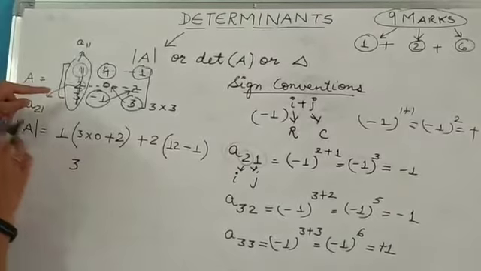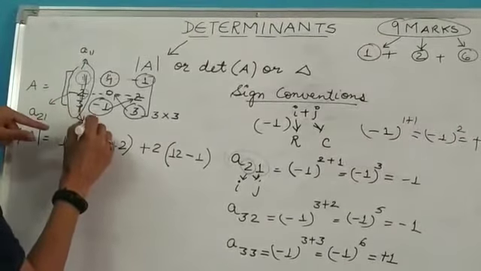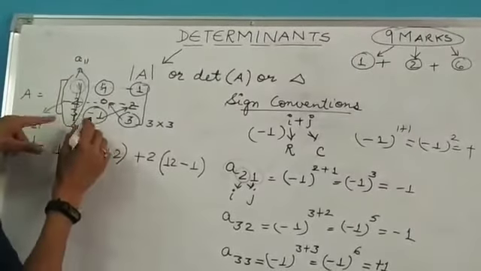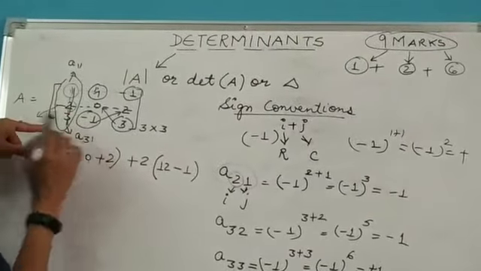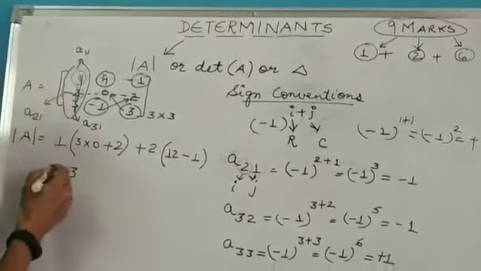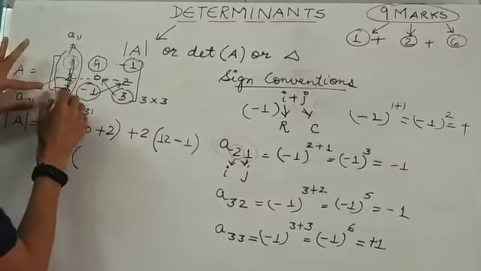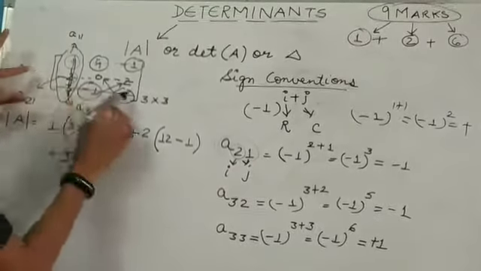Now see, what sign should this 3 have? This element is of third row and first column. So 3 plus 1 is 4, that means positive, and already it is positive. So plus and plus is plus. So again delete this row and this column.